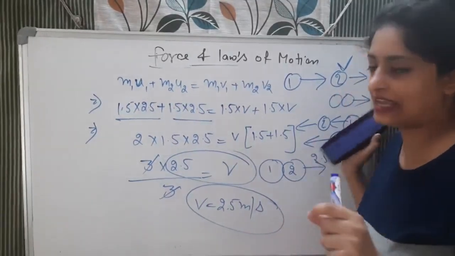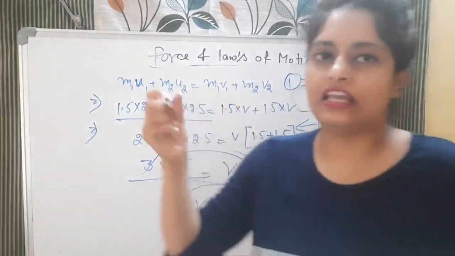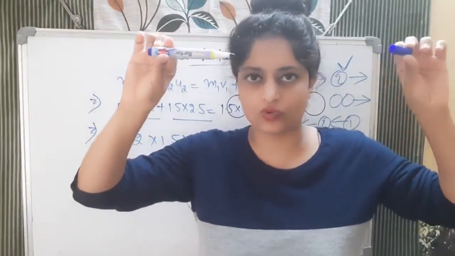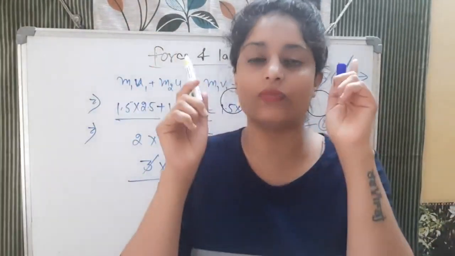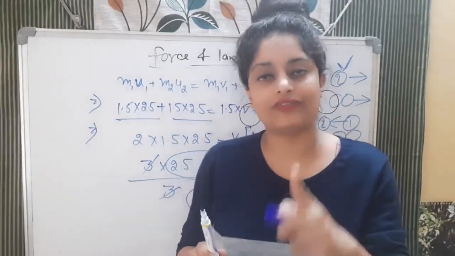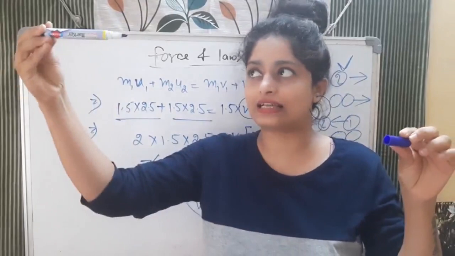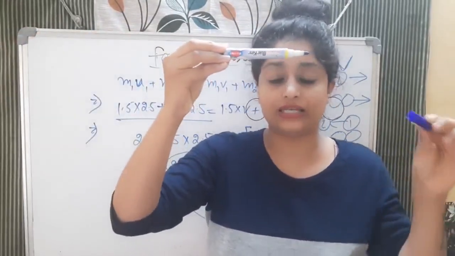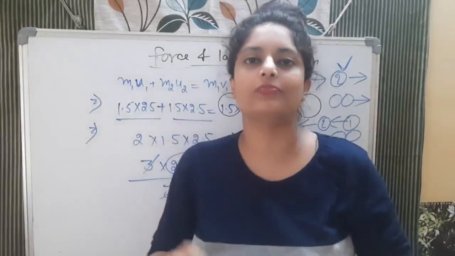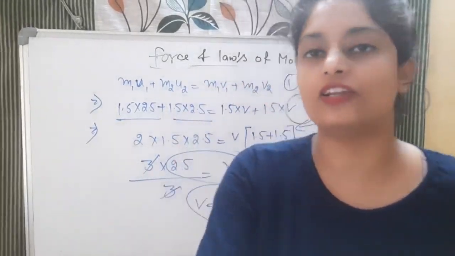If you are saying that this is moving with 2.5 and this is also moving with 2.5, direction is very important because velocity is a vector quantity. So if you say this is coming with 2.5 meter per second, then this is coming with minus 2.5 meter per second. That is the point we need to understand.